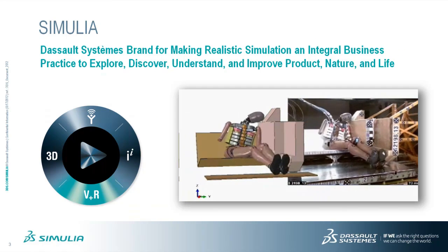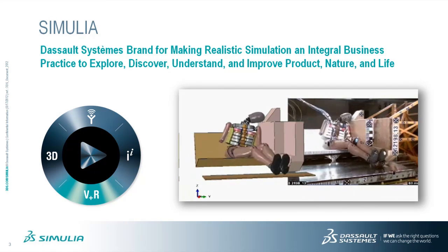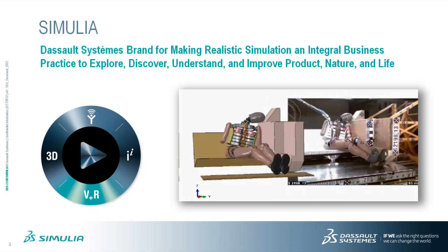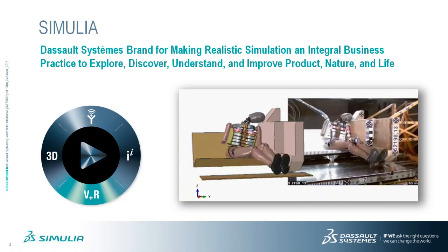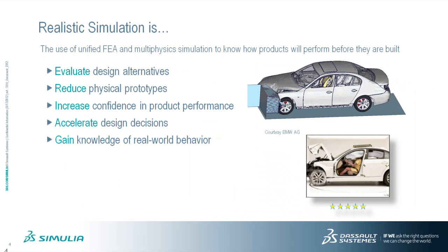Simulia, the company I work for, is part of the Dassault Systèmes family of brands, which includes CATIA, Simulia, Delmia, Enovia, 3DVIA, and SolidWorks. Our brand, Simulia, is responsible for realistic simulation. So what is realistic simulation?